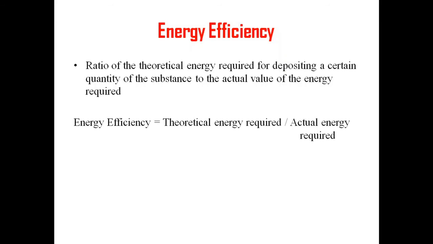Here we are considering the energy required to deposit that quantity of substance. Theoretically the energy required will be different from the actual. The ratio of the theoretical energy required to the actual energy required is called energy efficiency. I hope this is clear up to now.